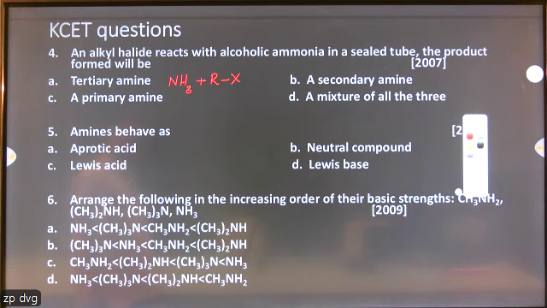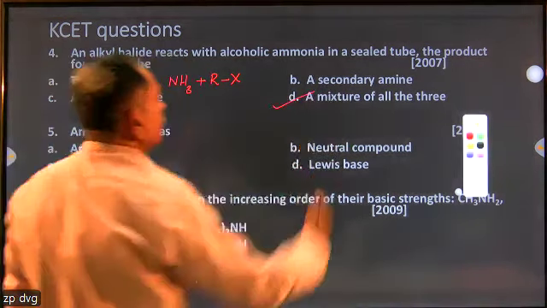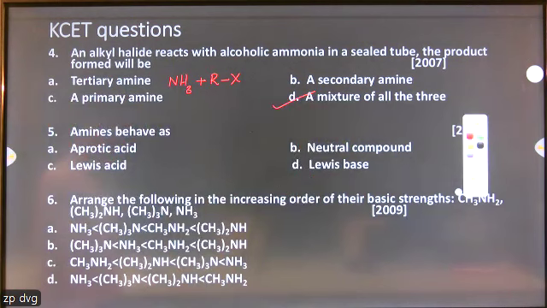And then the secondary amine again reacts with alkyl halide to give you a tertiary amine. And finally, quaternary ammonium salt. So in a reaction of alkyl halide with alcoholic ammonia, you get all the amines, primary amine, secondary amine, tertiary amine, and quaternary ammonium salt. That's why the correct answer is a mixture of all the three.